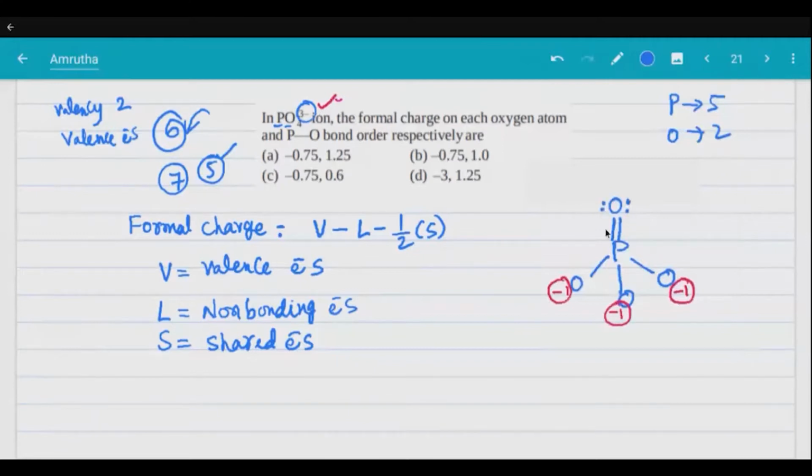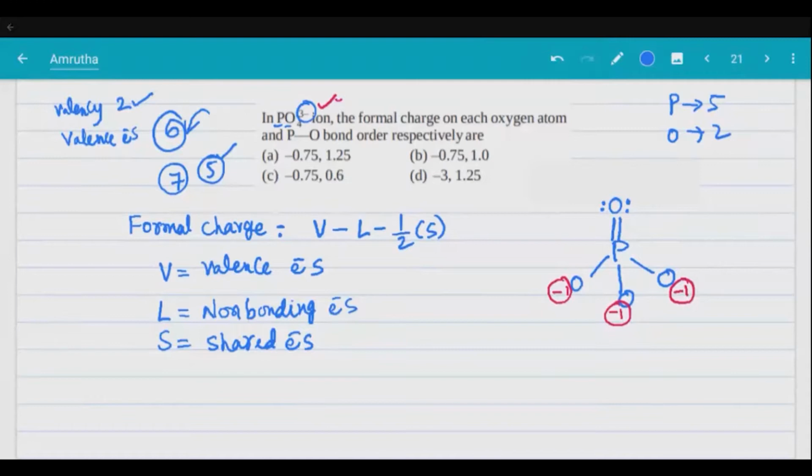There are 2 bonds, right? We know valence is 2. Valence is satisfied. So why would it show charge? It will not show any charge. Now look at phosphorus. Will phosphorus show any charge? No, because its valence is 5. All 5 bonds are formed. Is that clear? So if all valencies are satisfied, there will be no charge. As simple as that.